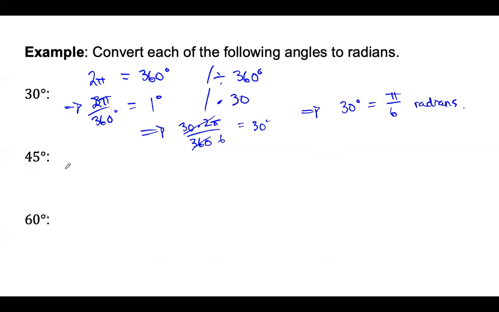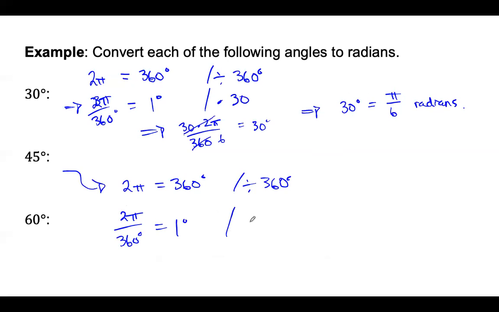The next one, 45. So 2 pi equals 360 degrees. Divide by 360. So 2 pi divided by 360 equals 1 degree.